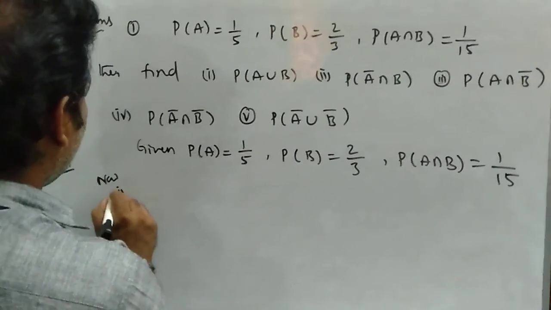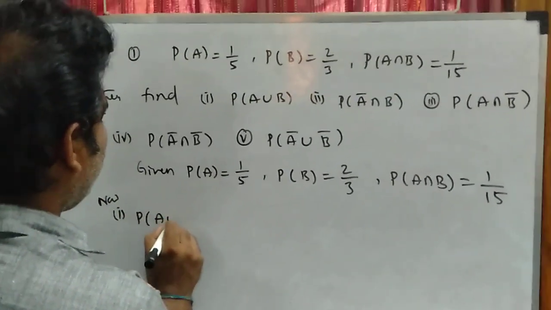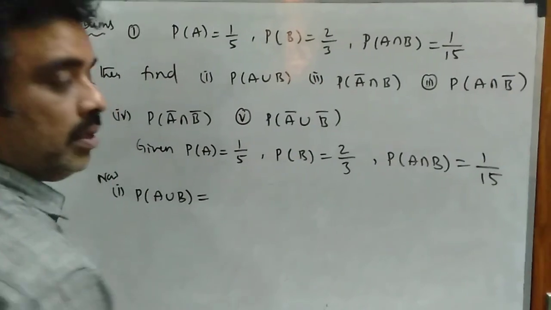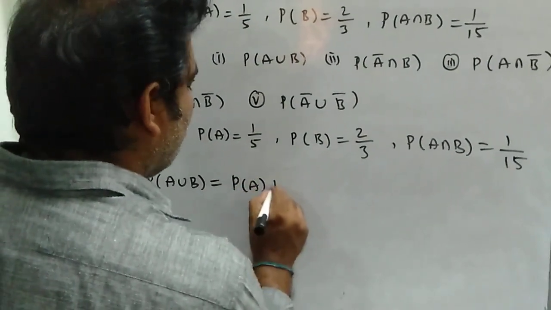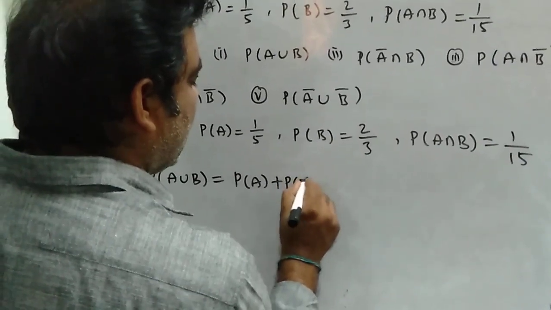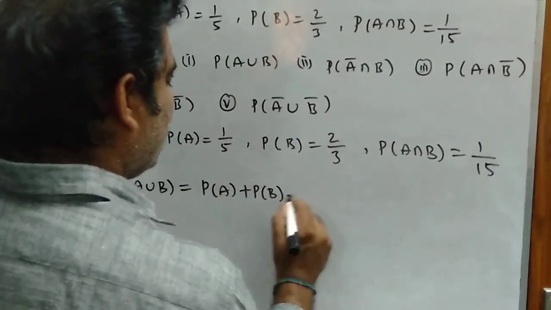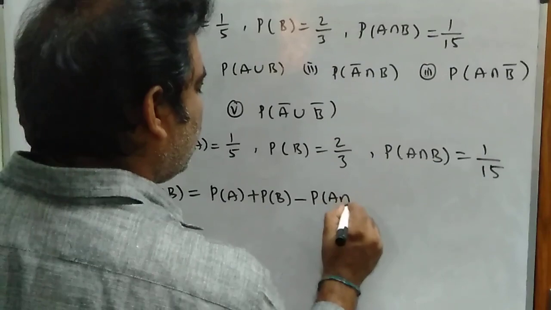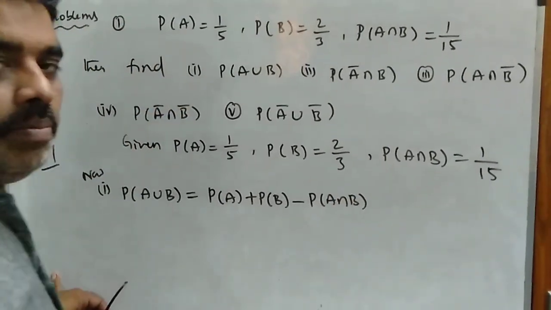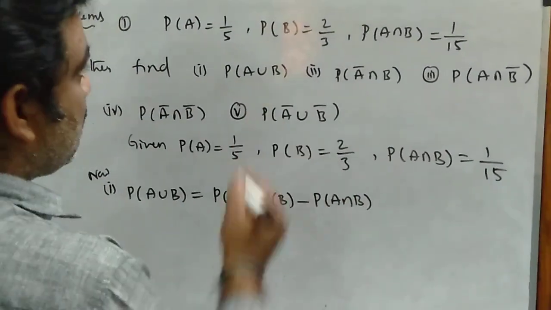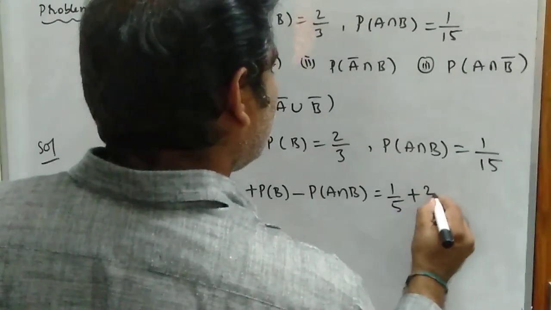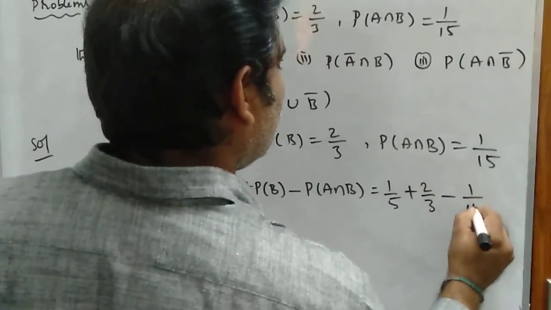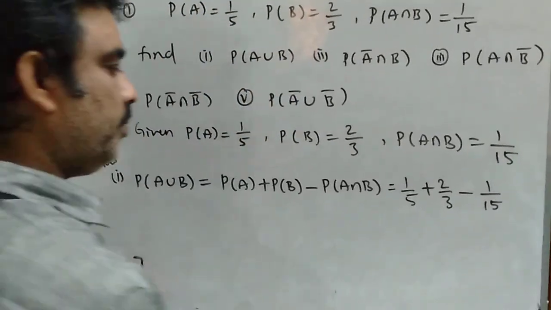Now the first one, P of A union B. P of A union B by addition theorem, already we have proved in the previous classes, is P of A plus P of B minus P of A intersection B. So all the values given: 1 by 5 plus 2 by 3 minus 1 by 15.